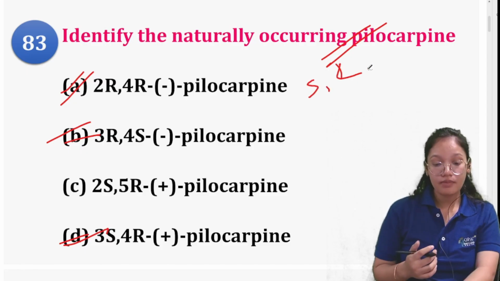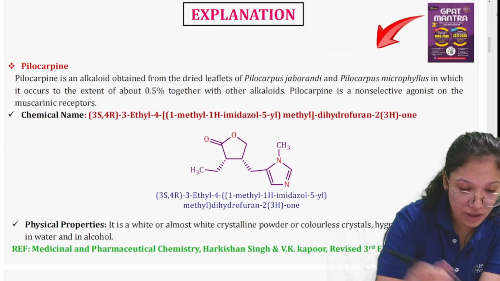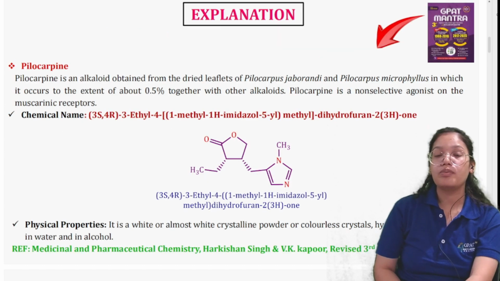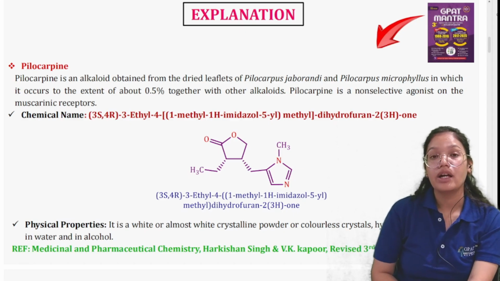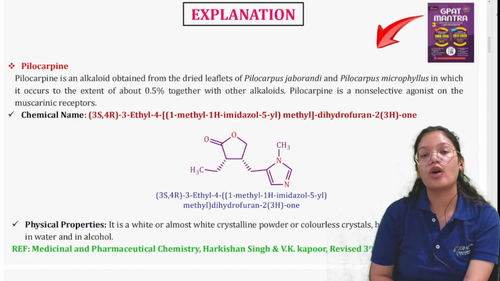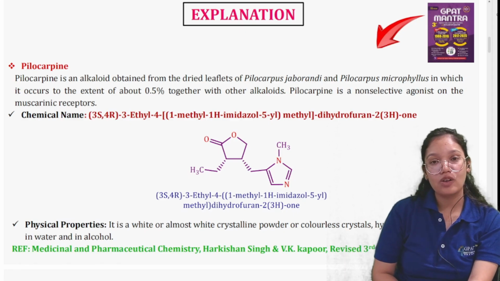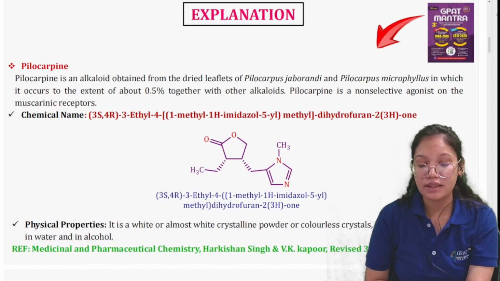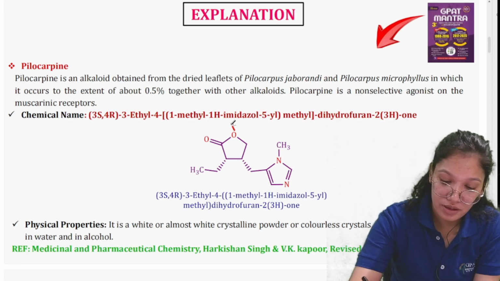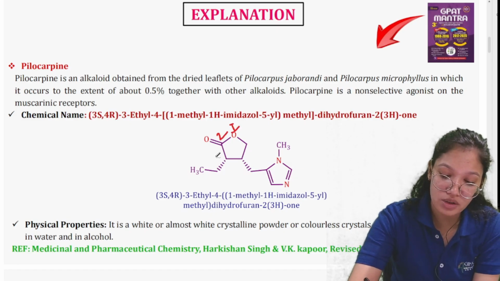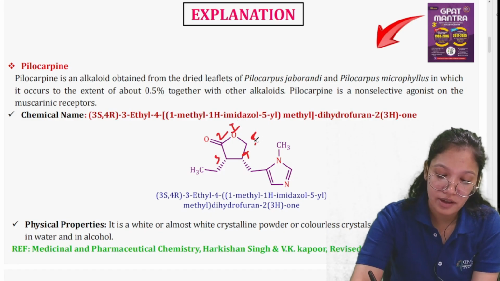So let's look at the structure of the pilocarpine first, and before that, the pilocarpine is naturally occurring, okay, it is basically obtained from the leaflets of the Pilocarpus jaborandi and the Pilocarpus microphyllus. Now if we look at the structure, the numbering starts from 1, 2, 3, 4 and 5th.